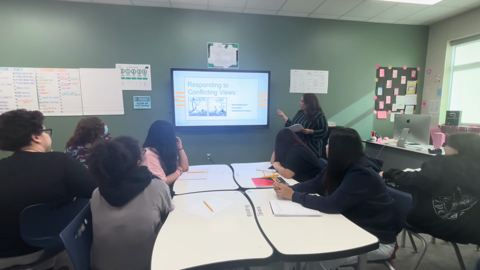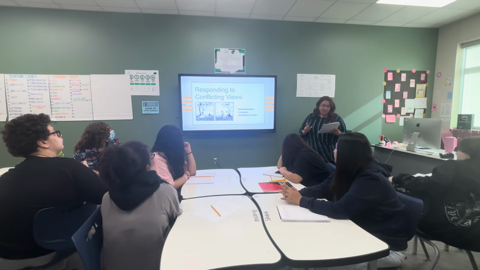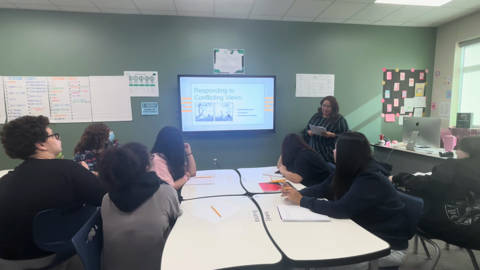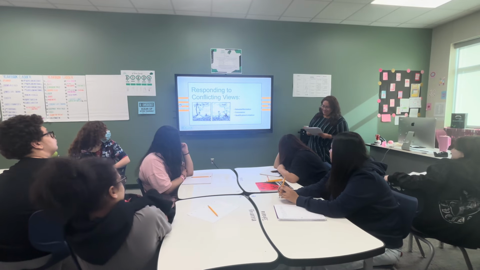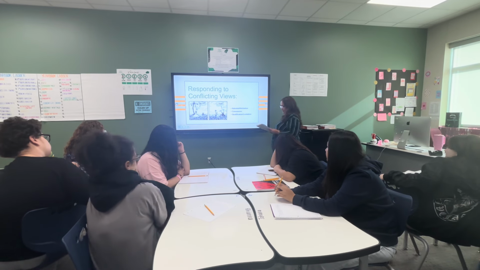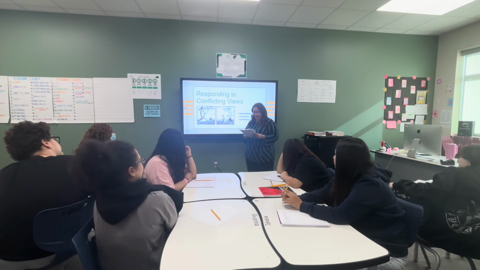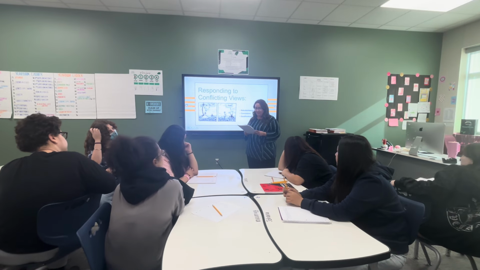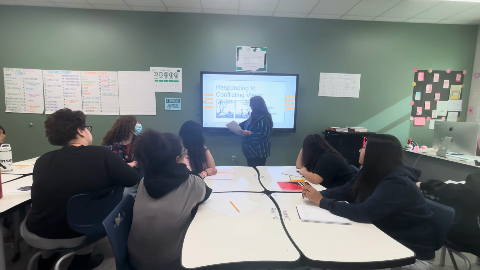A concession would be agreeing with just a small part of the conflicting view. And a limitation would be showing that the conflicting view only applies in certain situations. It's important to recognize that by understanding another's viewpoint, this does not necessarily mean that the conflict is resolved.